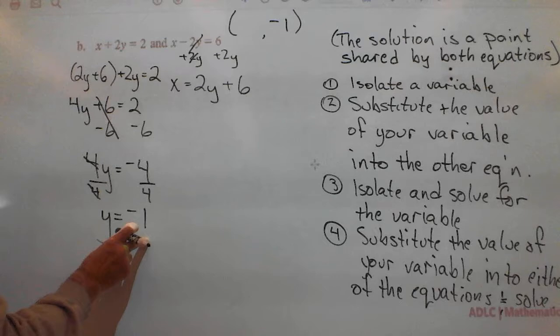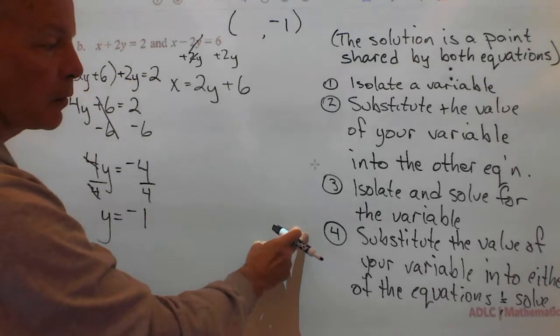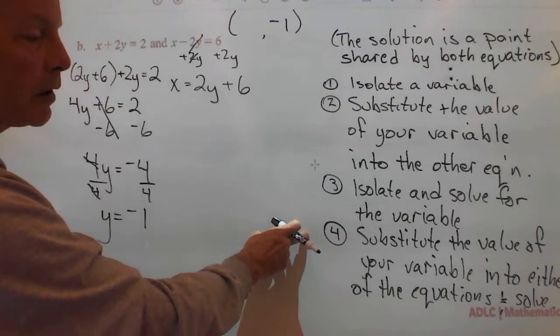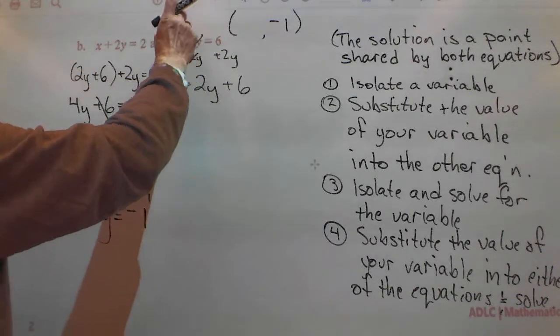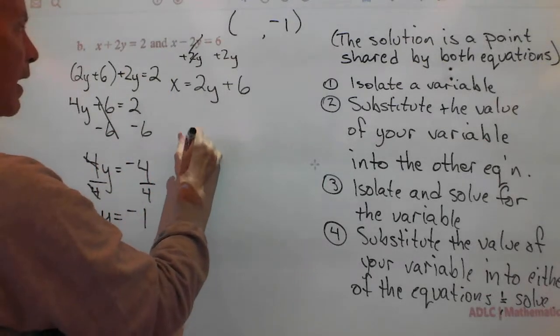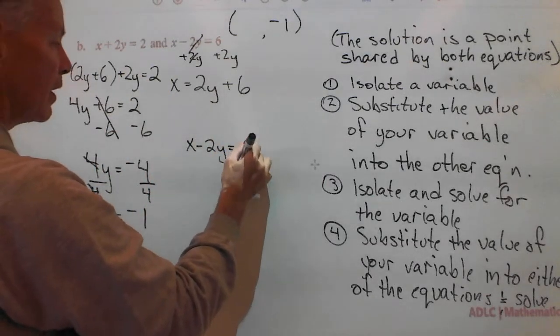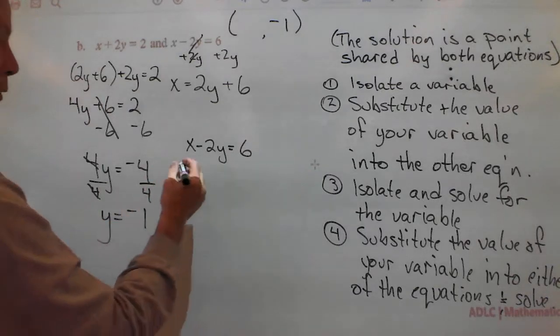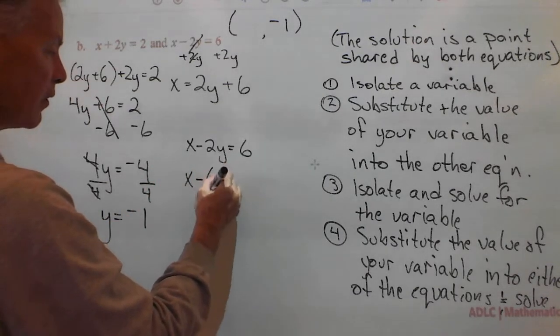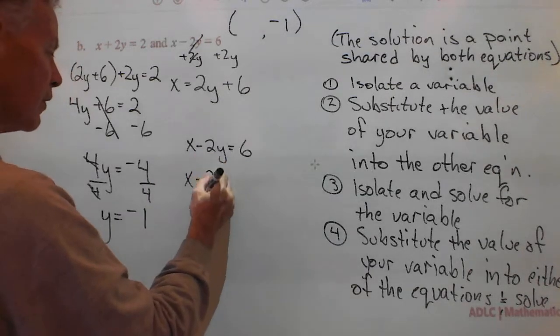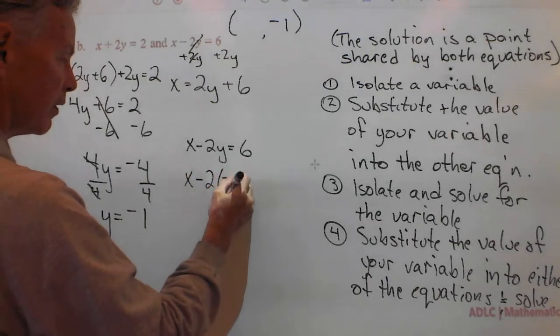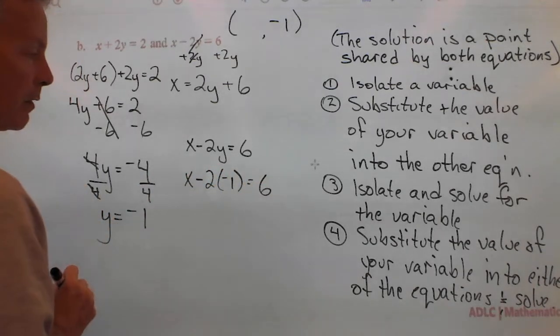Having found a value for y, we can do the final step, which is substitute the value of your variable into either of your equations, doesn't matter which one you choose, and solve. Okay? So, I'm going to sub it into this equation. My x minus 2y equals 6, since I now have a value for y, becomes x minus 2 times negative 1 equals 6.